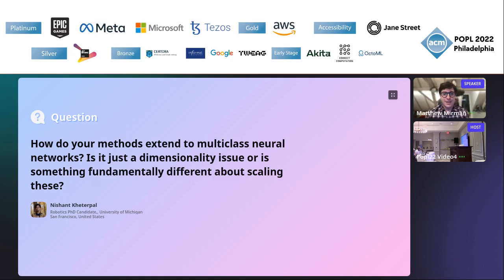During test time, you just take the output linear layer and use that directly, taking the maximum output. For Box, because it's not relational, it's really hard to get multi-class working. But as we saw in the slides, FMNIST is multi-class. It has 10 classes, and Box is still able to certify 87.2% of these images.